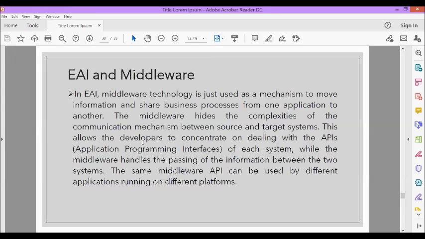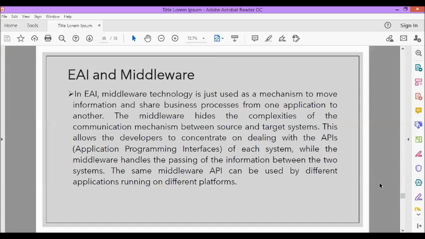This allows the developers to concentrate on dealing with the APIs or application programming interfaces of each system, while the middleware handles the passing of the information between the two systems. The same middleware API can be used by different applications running on different platforms.